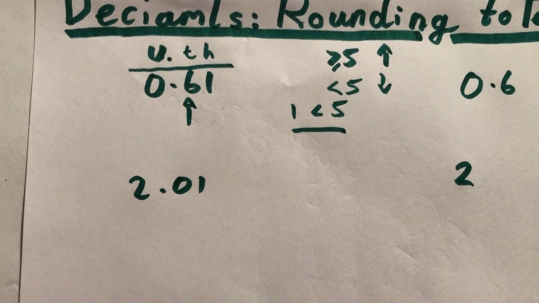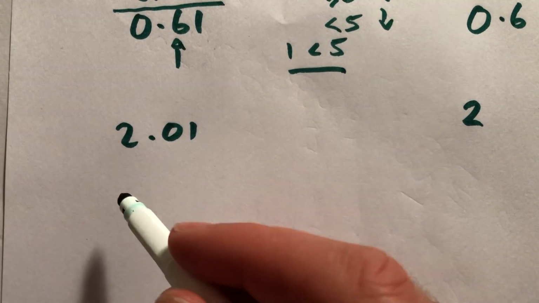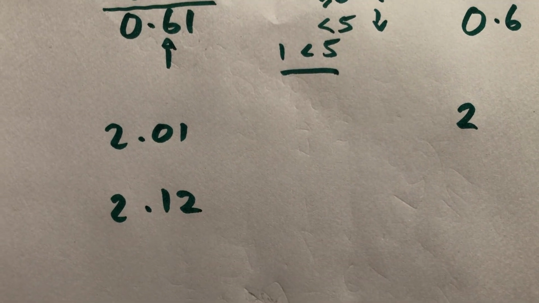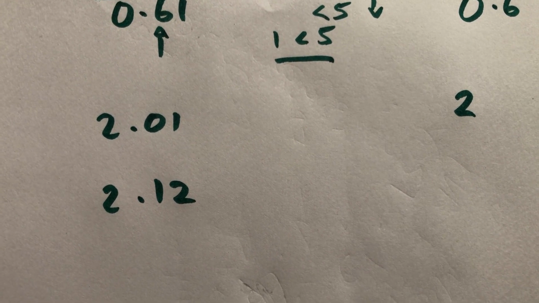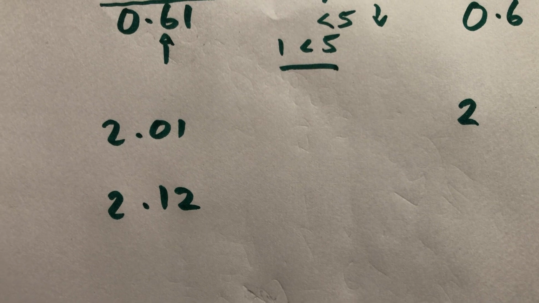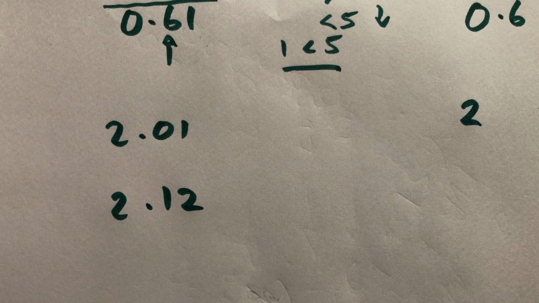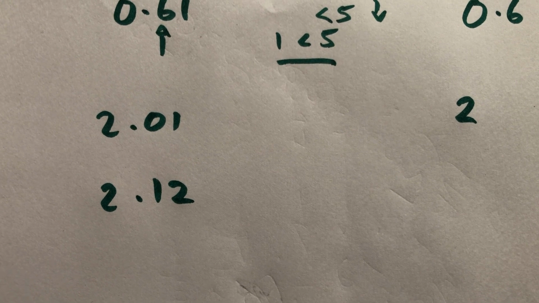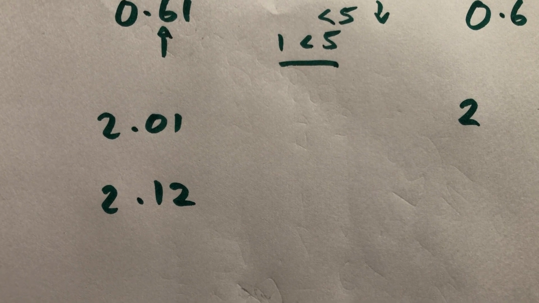What else have we got? 2.12. What do I do there? Even though there's something in the ones column, we don't worry about that, unless it was really close, like the question above.